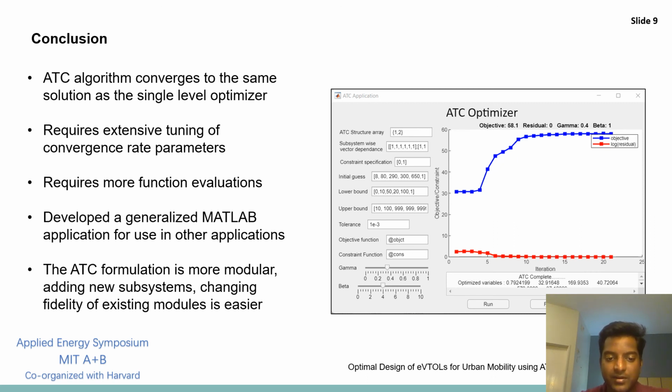Another byproduct of this project was that we developed a generalized MATLAB application wherein you can enter the different objective functions, and it will run the ATC formulation for you and give out the results of the optimal design variables. And as I already mentioned, the ATC formulation is more modular, and hence adding new subsystems and changing the fidelity of existing modules is easier as compared to monolithic architecture.